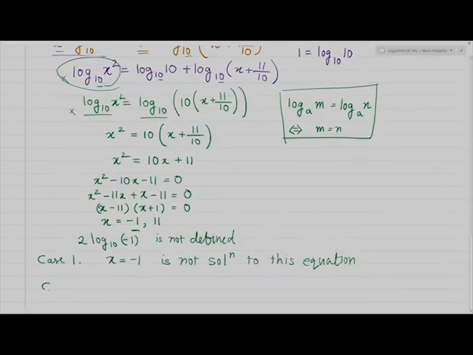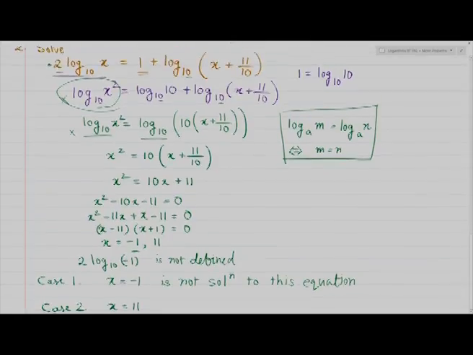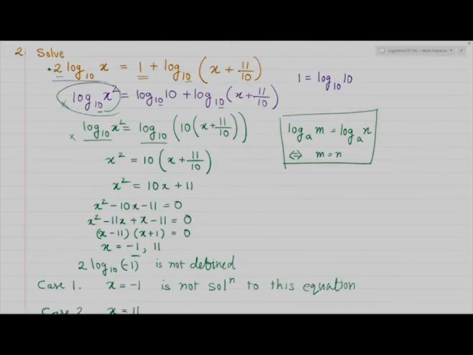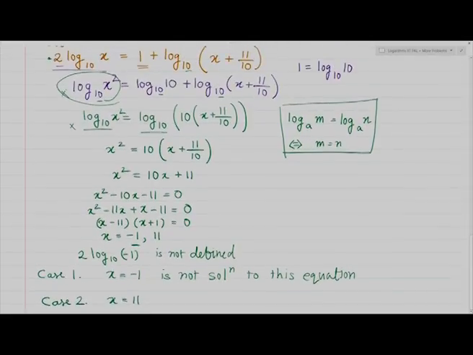So, my case 2 is x is equal to 11. If I substitute, again you have to substitute, since this is a positive number, it will not create any problems. So, let us substitute this into this expression and verify we get the answer.